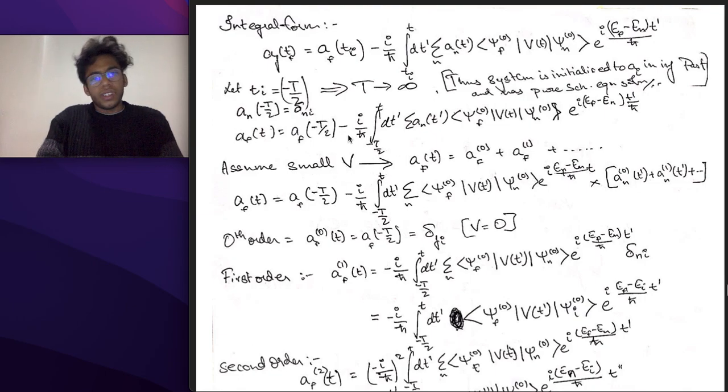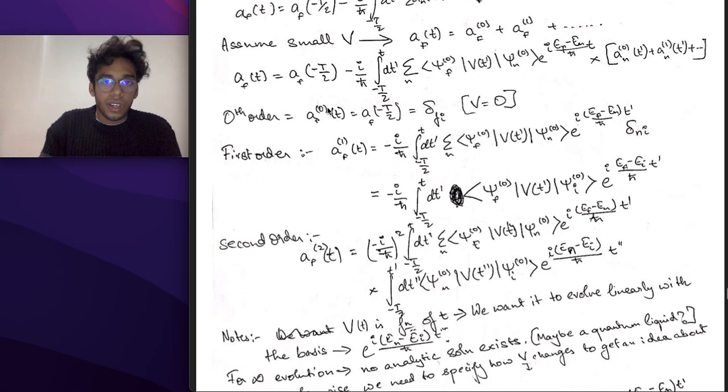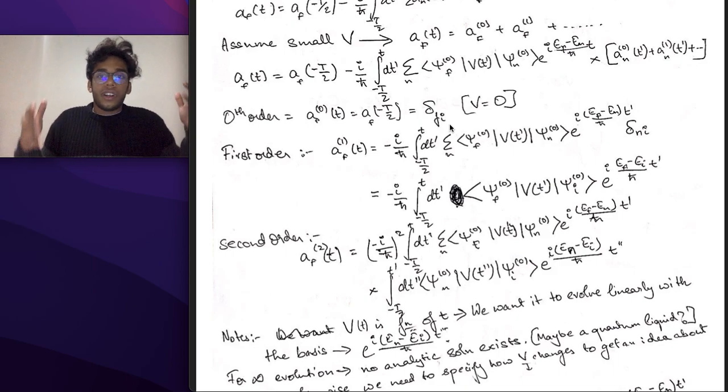Once you assume a small potential, you can expand this into a series of first, second, some order of AF, and you do these calculations, and you find out that for the zeroth order, AF is nothing but delta IF, which means that there is no difference between the initial and final state.